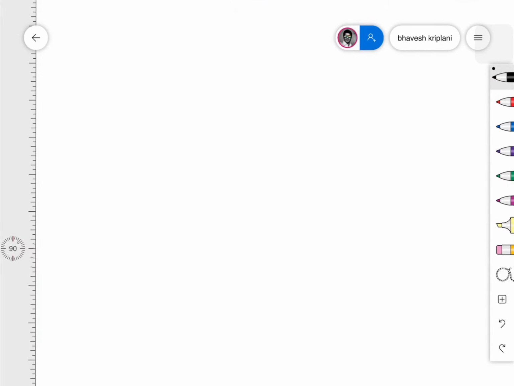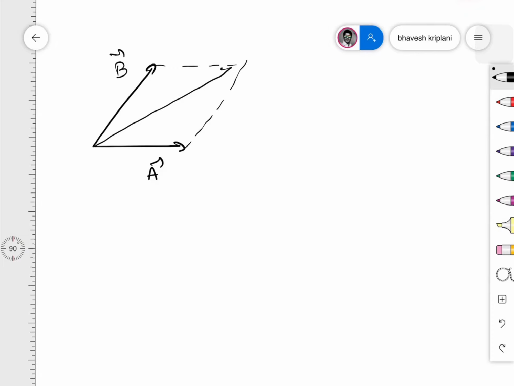So we just learned that if we got two vectors, this is vector A, this is vector B, and by drawing the parallelogram we found their resultant. So this is A vector plus B vector.